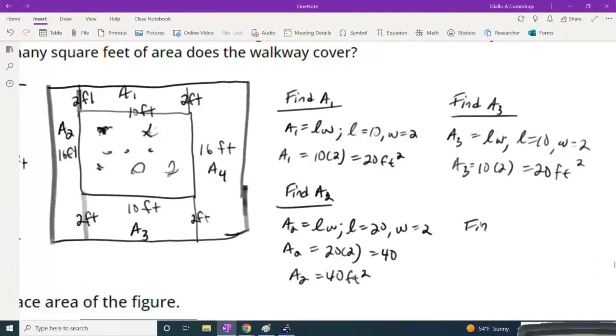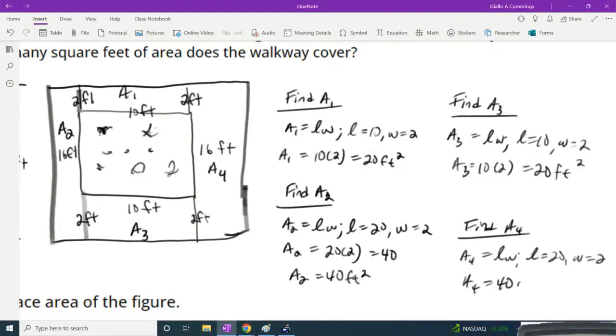So the area of the fourth region should also be 20 times 2. All right, so the area of that fourth region is 40 square feet.